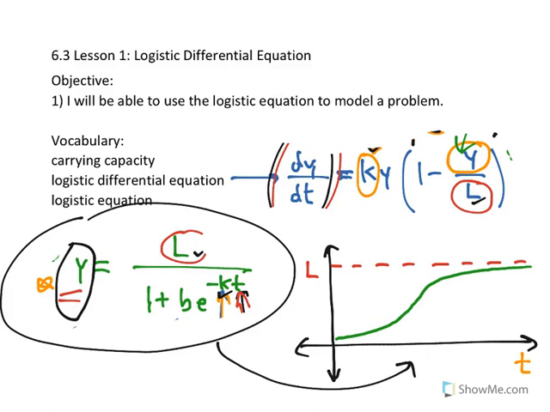As you will see in one of the recorded lessons, the population is growing most rapidly when the population is at L over 2, or at half of the carrying capacity. At this point, you can see that the logistic curve is steepest, meaning that the population is growing most rapidly when it is at half of the carrying capacity.